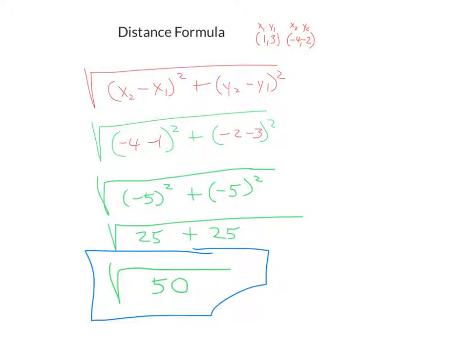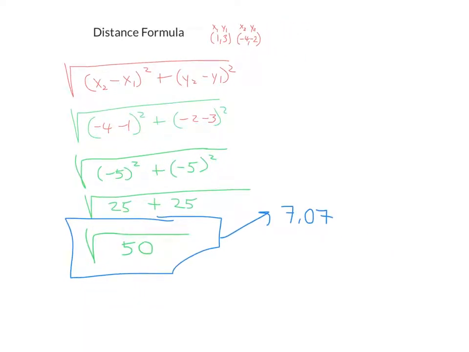Now, you could plug this into your calculator as well, and if you did the square root of 50, you would get approximately 7.07. Also, it's good to know that this is not fully simplified.